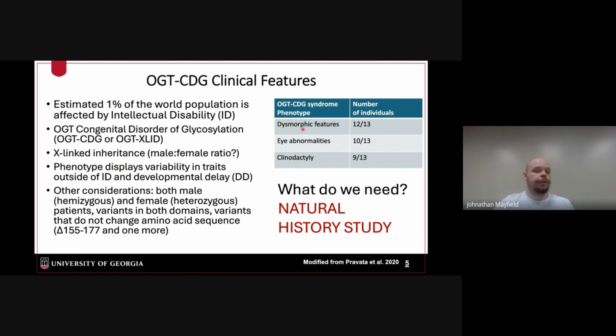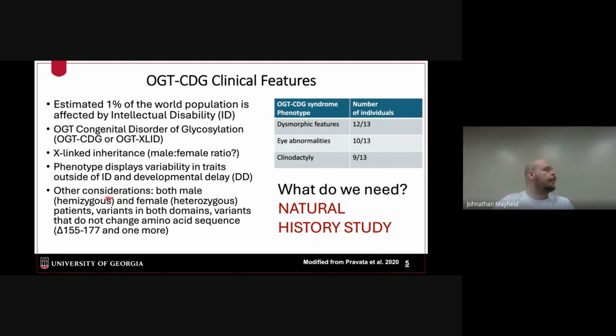So dysmorphic features, like a full philtrum, which is this part of the mouth here, eye abnormalities, or some patients have fifth finger clinodactyly, which if you look at my pinkies, you can see that they curve away from each other. That's what that fifth finger clinodactyly is.